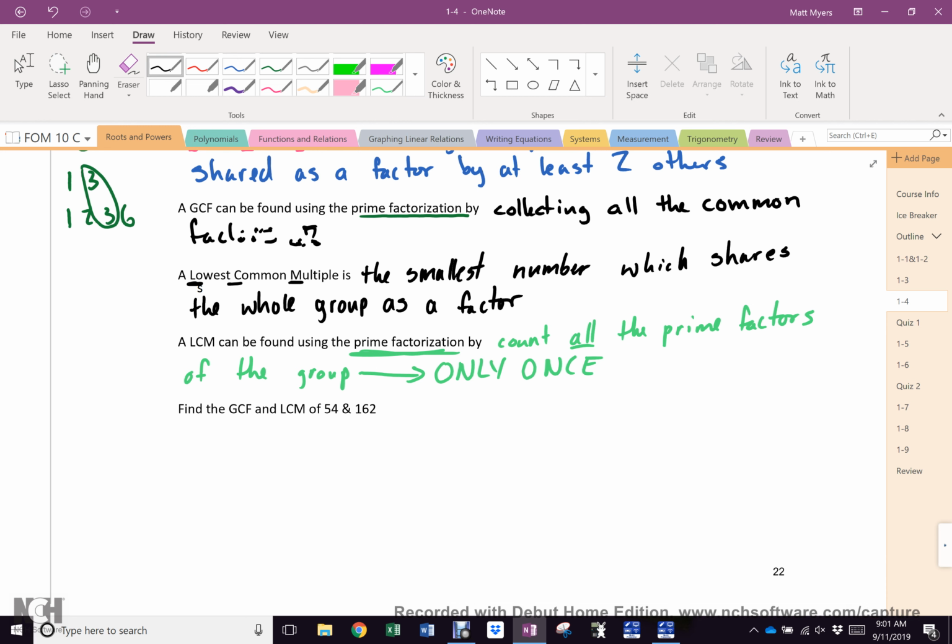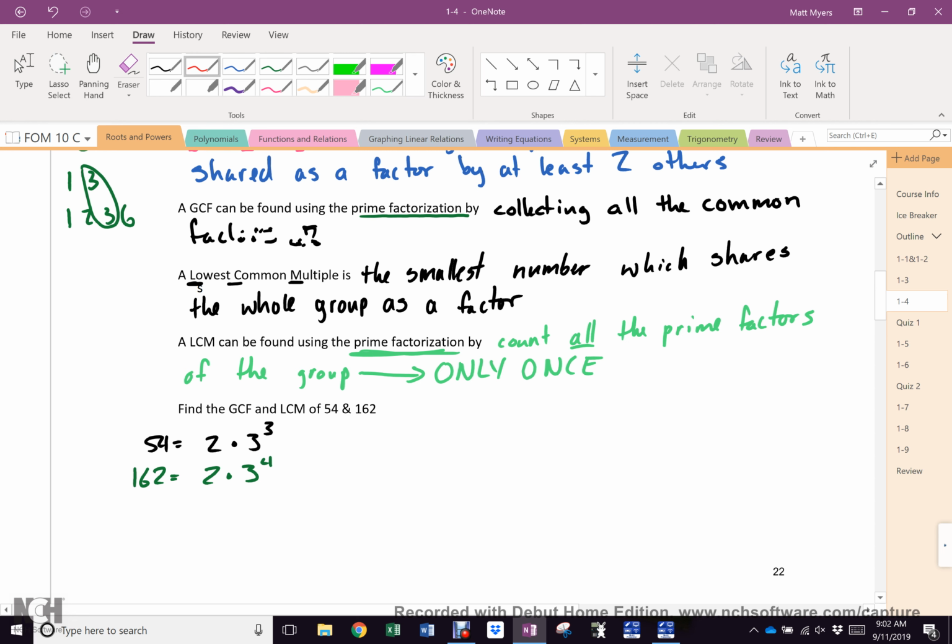So, we know that 54 is 2 times 3 cubed, correct? And we know that 162 is 2 times 3 to the 4th, correct? We already did those trees, right? Okay.